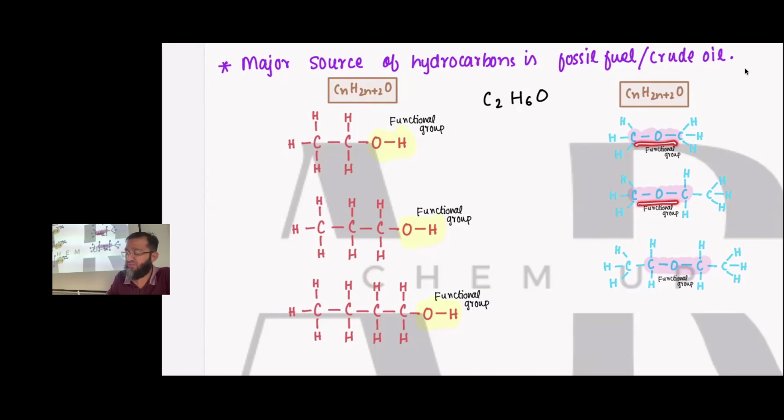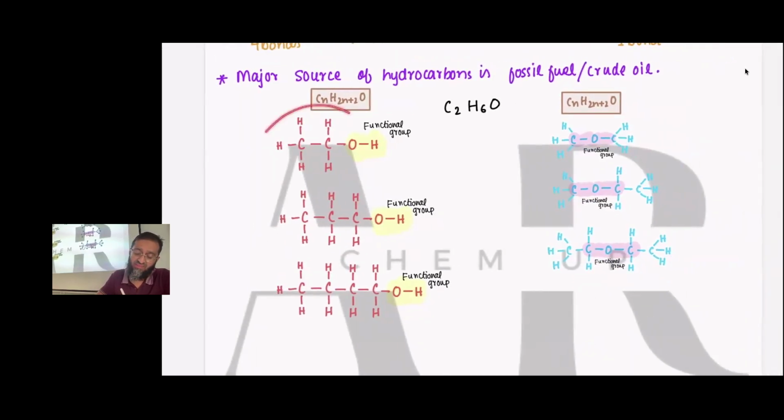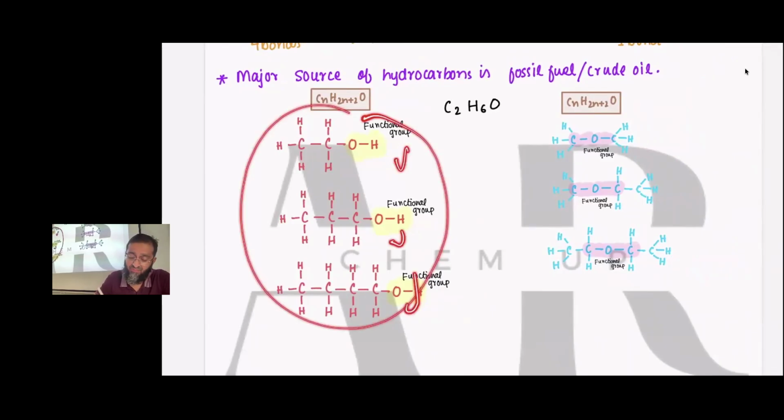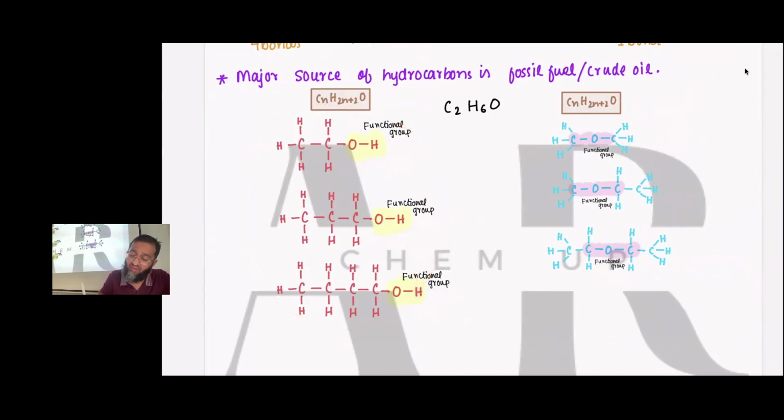And these three compounds have a specific functional group, which is COC. So these three compounds have the same functional group. They have the same general formula. So it clearly indicates that these three compounds behave chemically in the same way. They react in the same manner. So it means their chemical properties are also similar. So that's why they all are considered as one family of compounds or one homologous series.